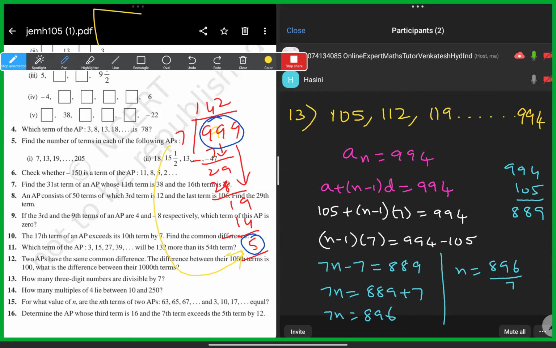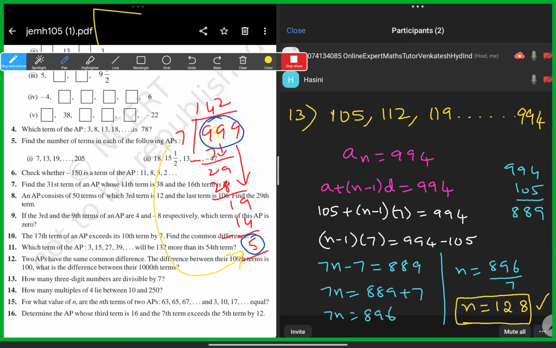Now I am just finding the n value. 7 ones are 7, 1 will be left, 19, 7 twos are 14, 56, so n is 128.